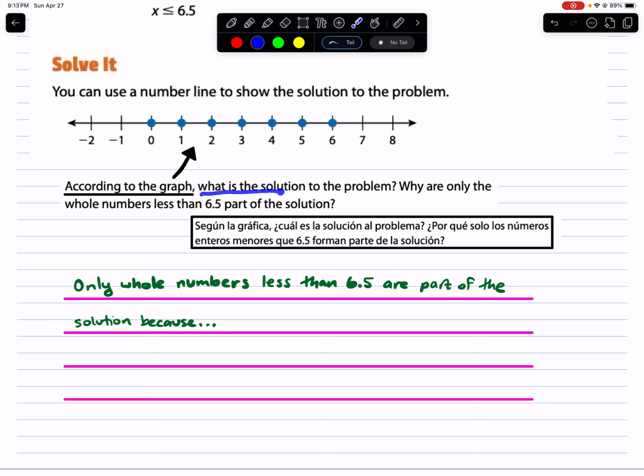According to the graph, what is the solution to the problem? Why are only whole numbers less than 6.5 part of the solution? How come only these? Pause the video. We kind of just discussed it right now. How come we can only buy 0 to 6? Well, you can only buy whole numbers of each thing.